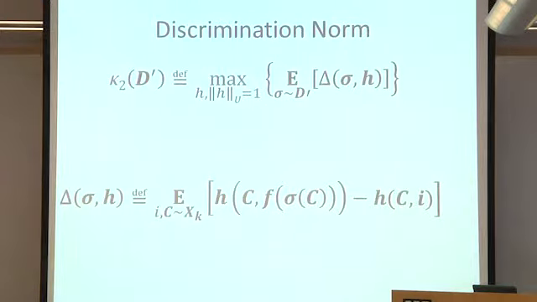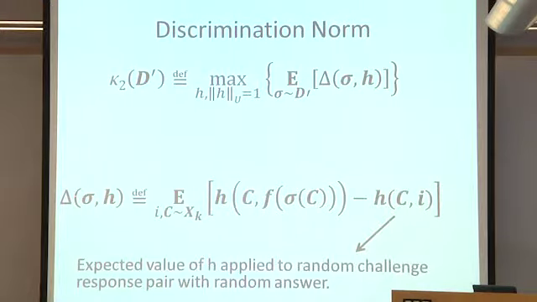So what do I mean by discrimination norm? Well, we'll start off with this slightly complicated looking expression down below, this delta function. Delta takes a query h and a secret mapping sigma. The last term here is the expected value of our query function when we apply it to a random challenge-response pair with a random answer instead of the true answer.